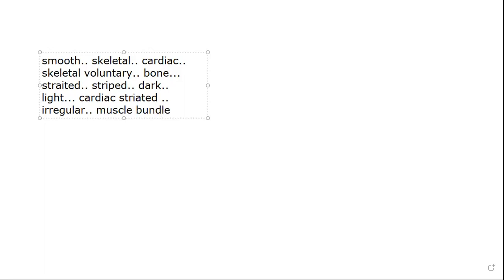The main muscle that we observe is the muscle bundle, and when we go into it, we see that it is made up of smaller bundles. And inside those smaller bundles, we have even more tiny fibers present.